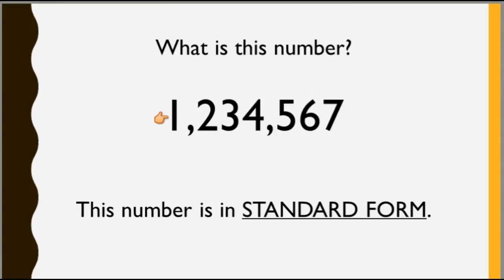Okay, so it is 1,234,567. And when you see all the digits written like this, this is called standard form. So if they ever ask you to write the answer in standard form, you're just going to write the number.